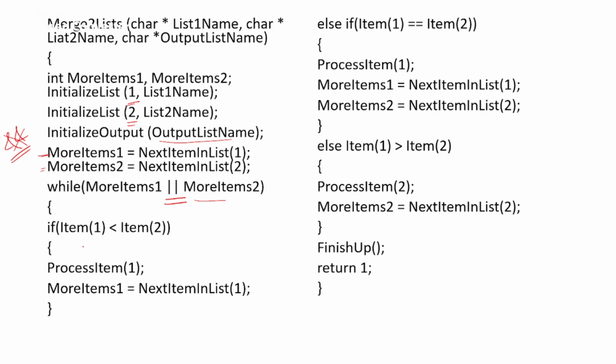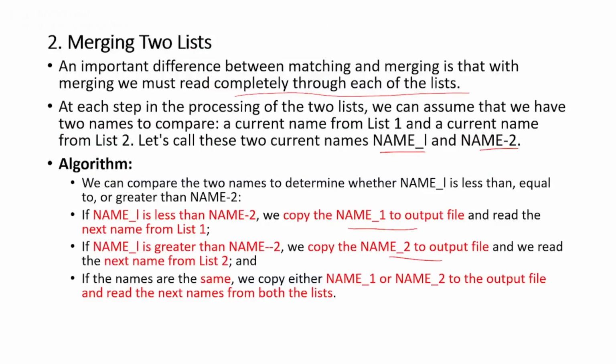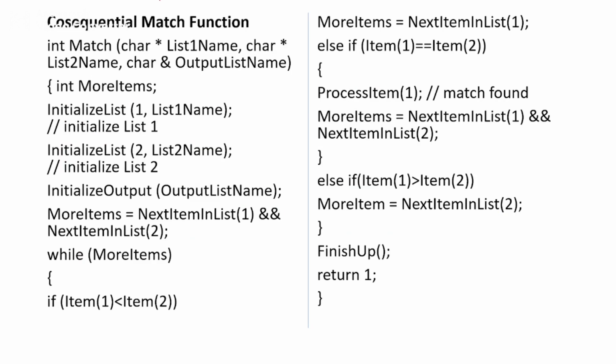Now, inside this loop, what do you have? The comparison, as we have done in the algorithm. If item 1 is less than item 2, name 1 is less than name 2, then process item 1, that is, you are going to output it. In the previous co-sequential match function, if item 1 is less than item 2, you directly did more item.